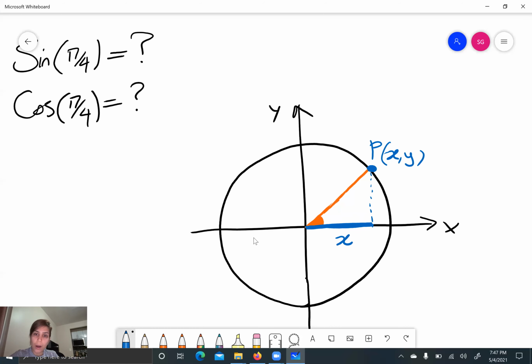This is gonna be the y, because it corresponds to some y value, right? So this side of the right triangle, I'm drawing the right triangle, this side is y, and that's r. And this is also 45 degrees.